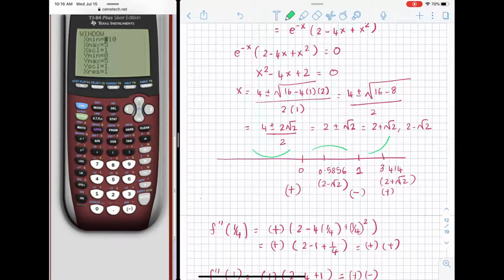let's say to 4, and you can see there is another peak at 2, and then it turns concave up. So I could adjust the window a bit more, go all the way up to, say, 10.